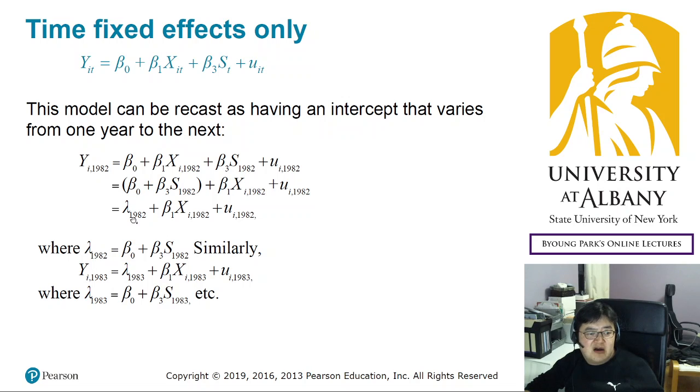And for 83, there is another intercept. Beta 1, the effect of beer tax, does not change, but the intercept changes. Like in 1984, there is another intercept. And there are 7 years in our data, so there are 7 different intercepts, one for each year.